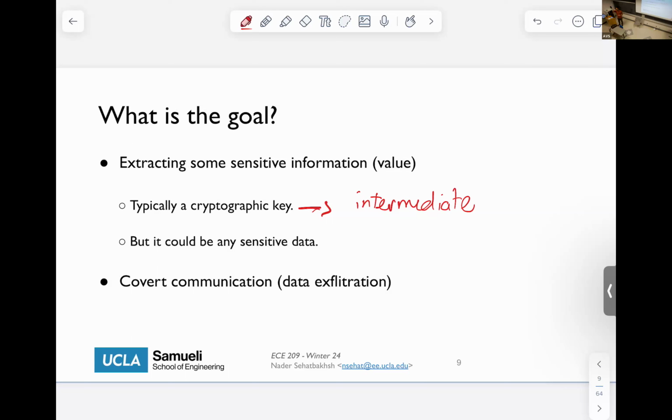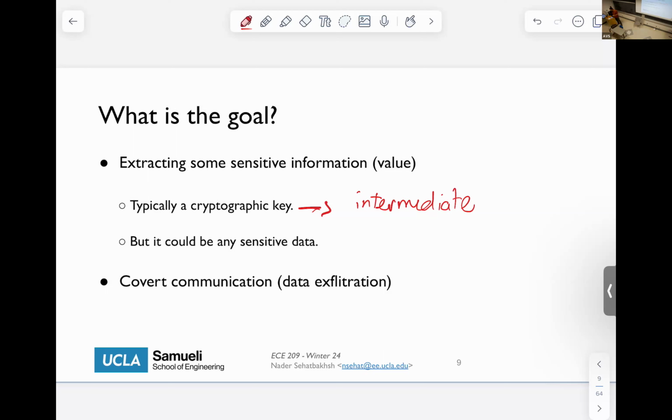Essentially they can flip one bit at a time at the very last step, and then, knowing the input and the output, they can easily compute a mathematical function in order to find the key. A similar thing can happen for side channels. If the adversary has access to internal stages of an AES, for example, or generally any crypto system, they might be able to extract it. It's not guaranteed, but there are ways that you can do that.